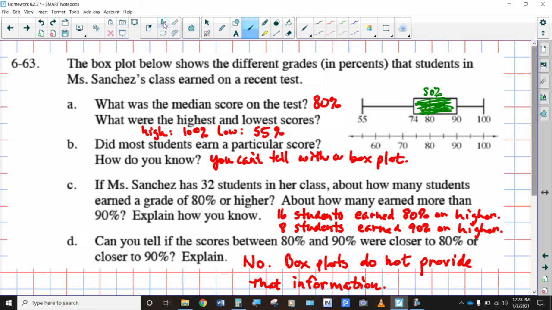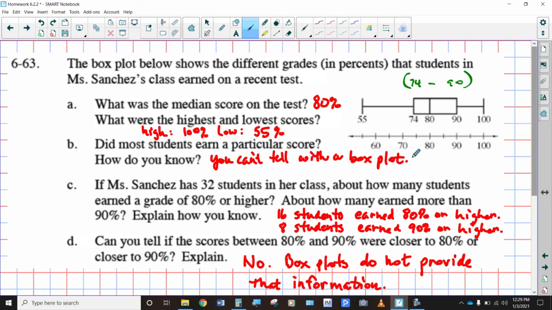So you think of the median as an average, right? But that's just a single number. There's your median. But if you wanted to broaden that out a little bit, you could say, all right, well, the middle scores are between 74 and 90.